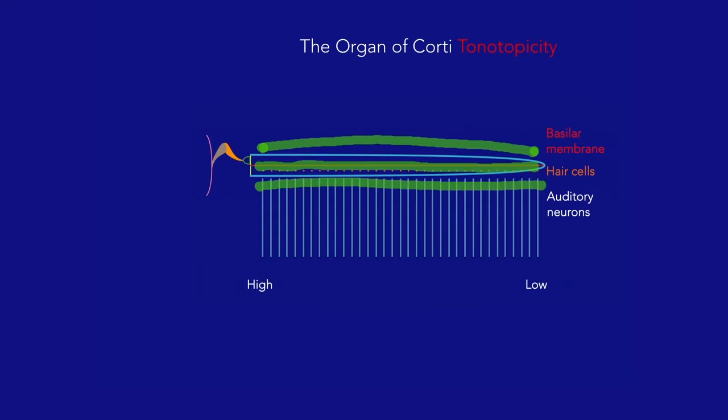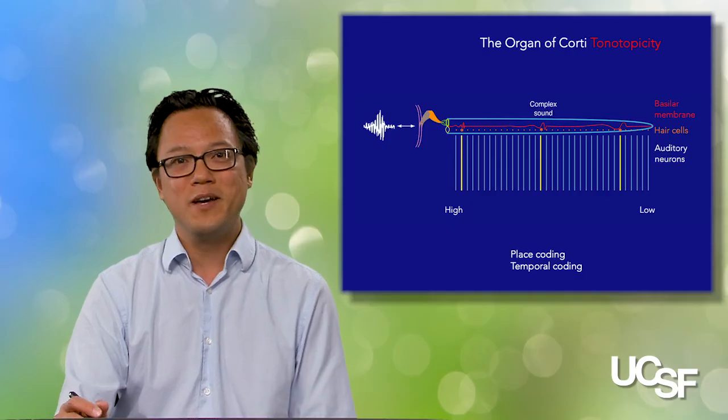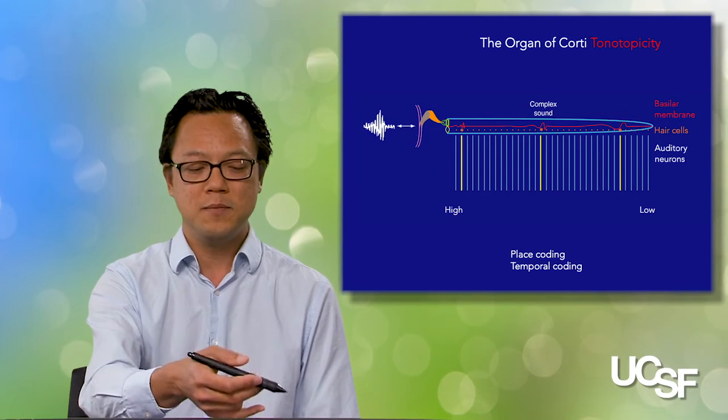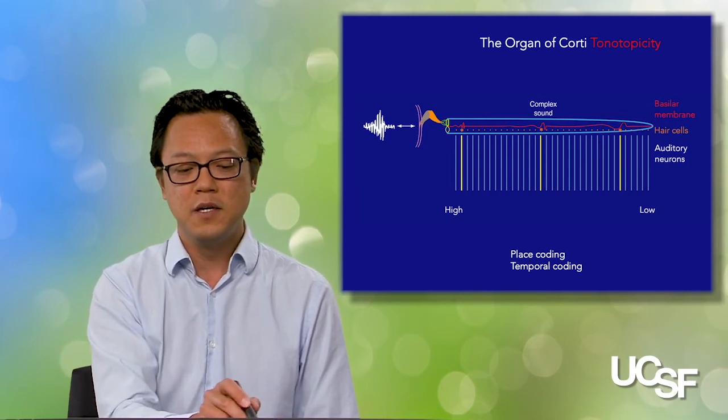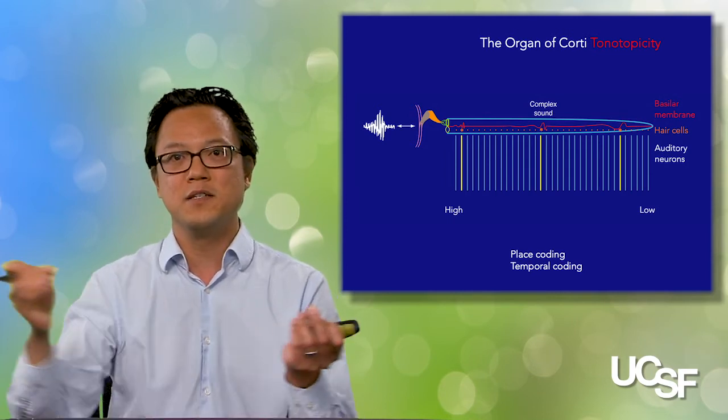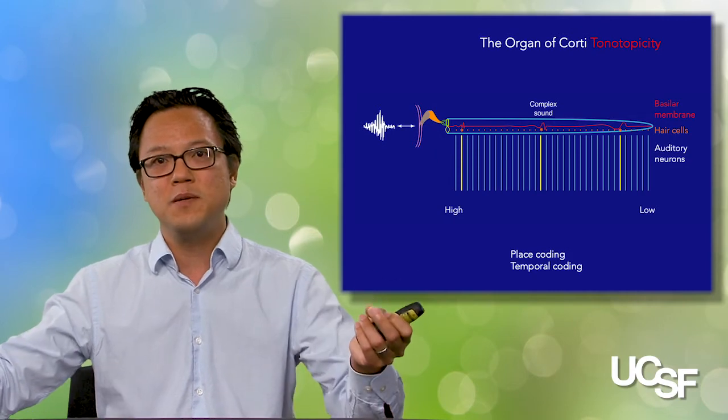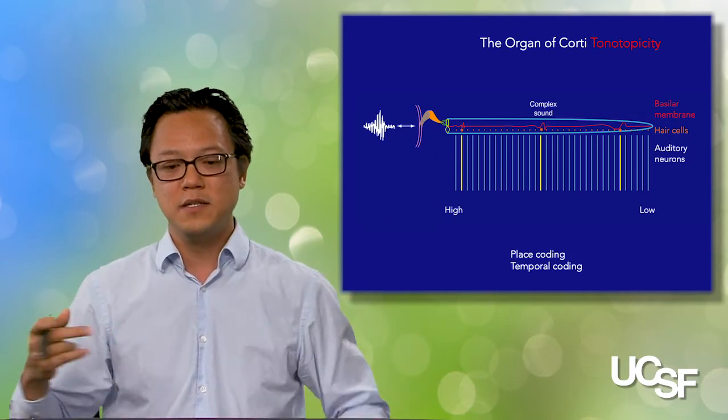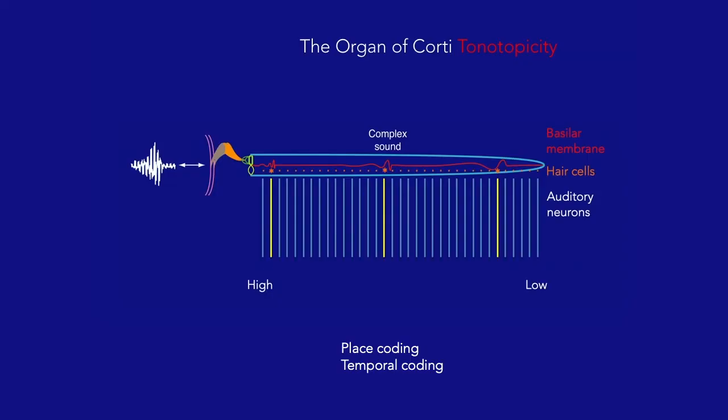So then the auditory neurons are arranged in a tonotopic map from high frequency to low frequency. So in this way, when a complex sound is introduced into the ear, the basilar membrane deconstructs it into its frequencies, and this frequency map is directly translated into a tonotopic map of auditory nerve firing.